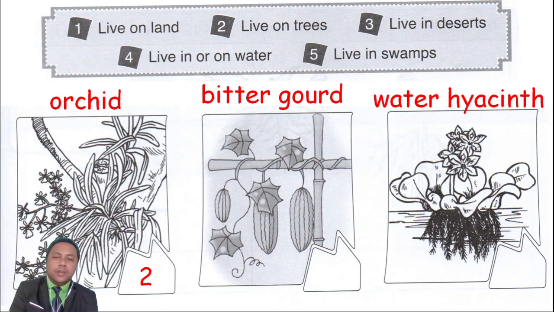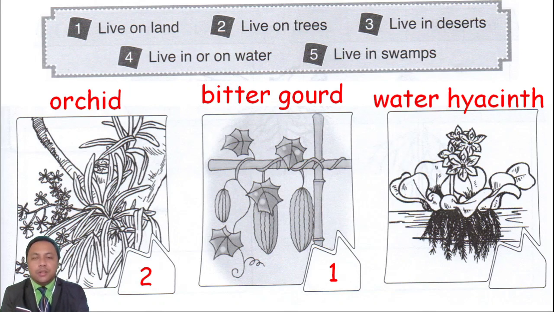It's not coming from the ground. Next is bitter gourd. Bitter gourds live on land. Their roots are anchored on the ground. Next, we have water hyacinth. Water hyacinth floats on the water. So, you answer number 4, live in or on water.